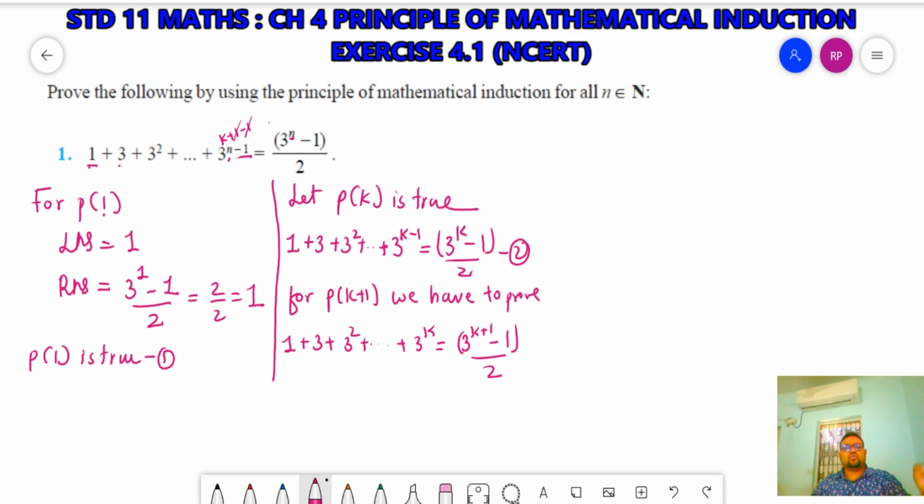So I need to prove that this is true. So see what I am doing, I am taking LHS, right?